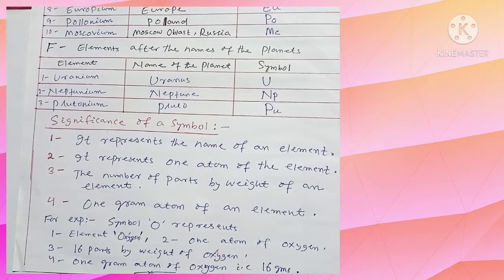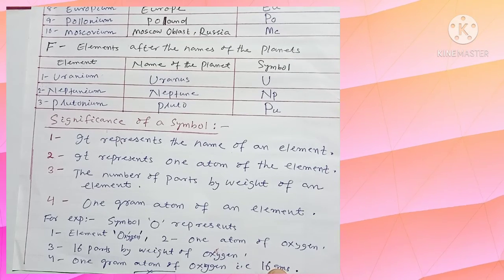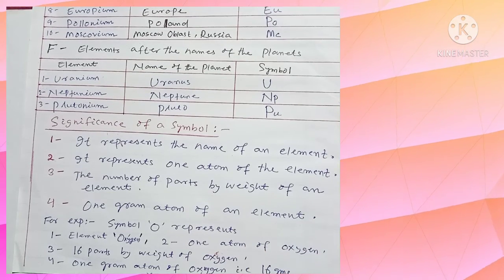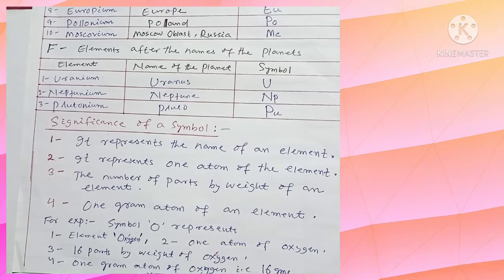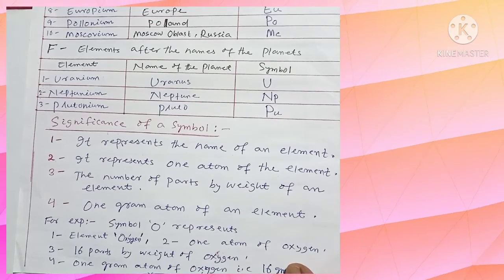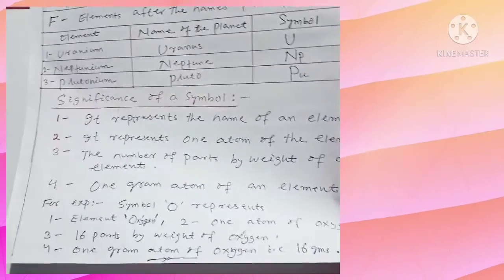For example, symbol O represents the element oxygen, 1 atom of oxygen, 16 parts by weight of oxygen, and 1 gram atom of oxygen, that is equal to 16 grams.